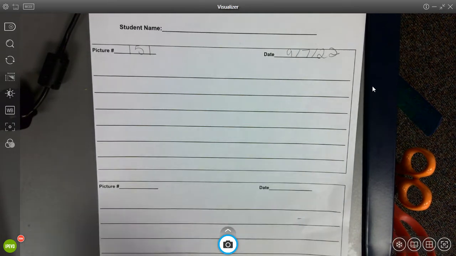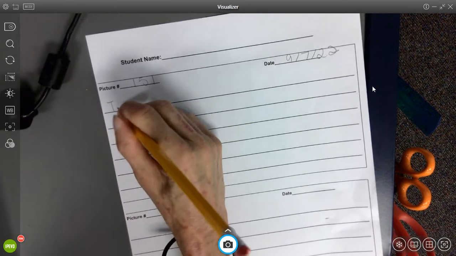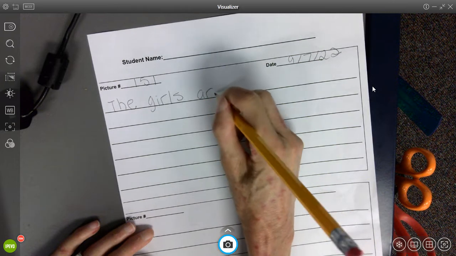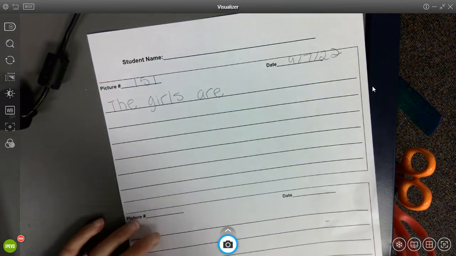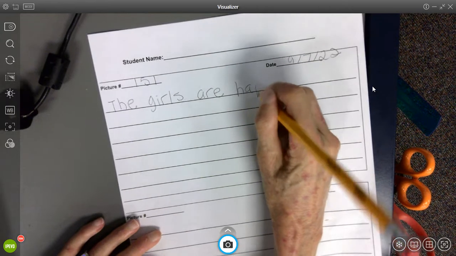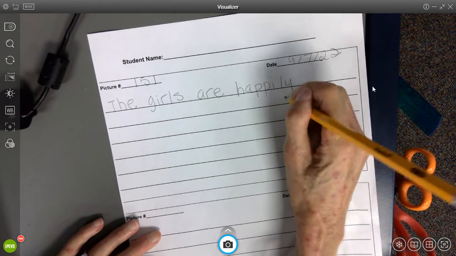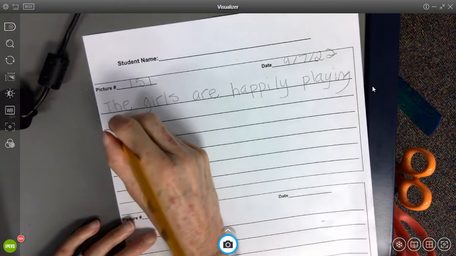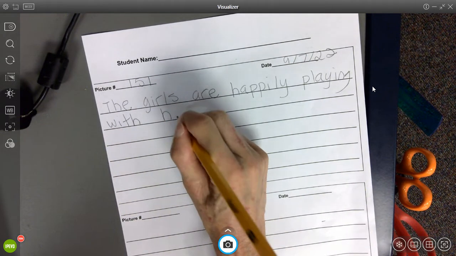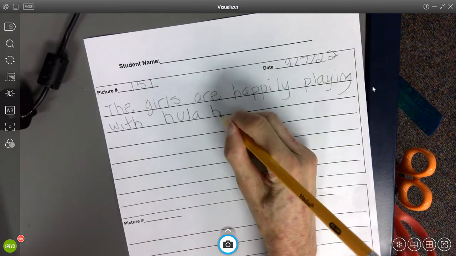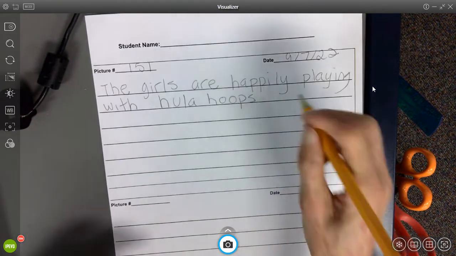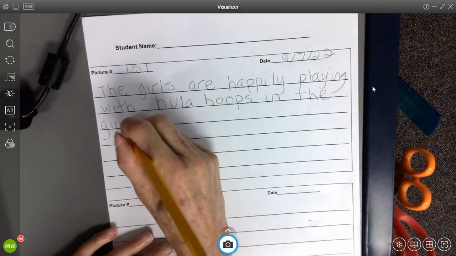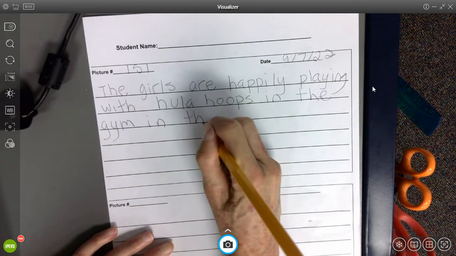So I'm going to write my first sentence, and I'm going to say, the girls are, and I can't even remember what I said before, so I'm going to make up a new sentence. The girls are happily playing with hula hoops in the gym in the morning.